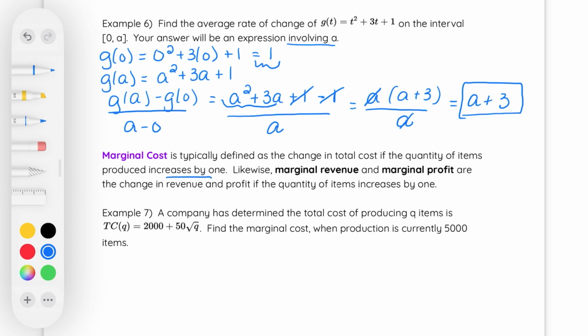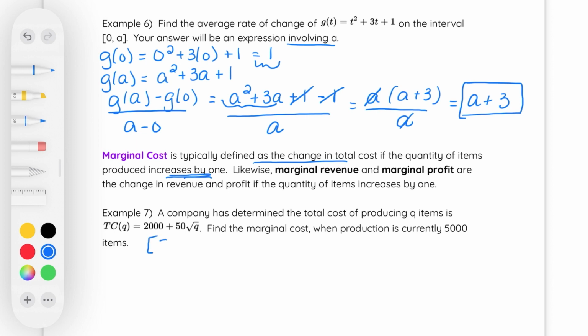So we're increasing by 1, and we're finding the change that's happening. So a company has determined the total cost of producing Q items is equivalent to 2,000 plus 50 times the square root of Q. Find the marginal cost when production is currently at 5,000, but we want to increase it by 1.